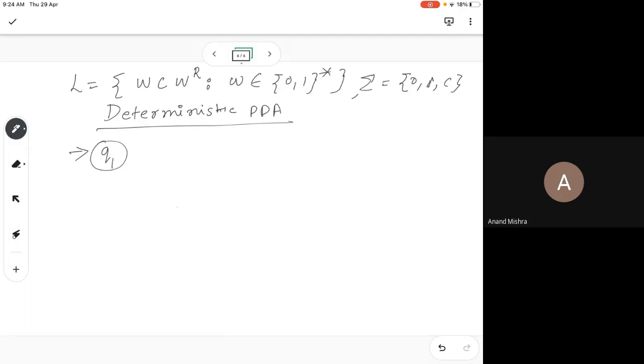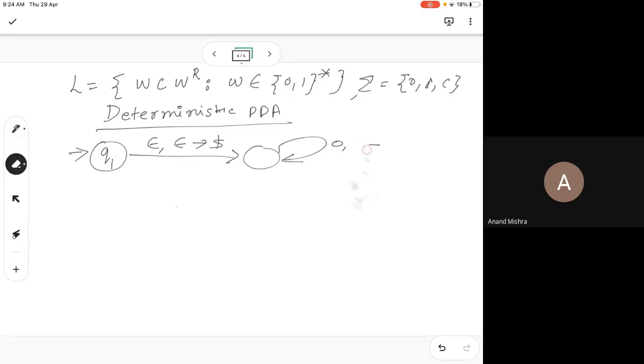So let's call the start state Q1. Without reading anything, I'll push dollar. Then whenever I read 0, I will push 0. Whenever I read 1, I will push 1. And whenever I read C, I will not push anything, not going to do anything.